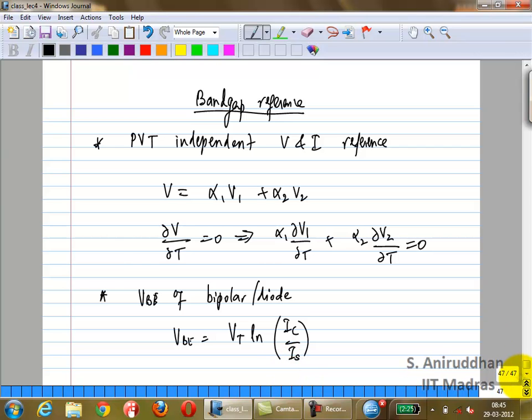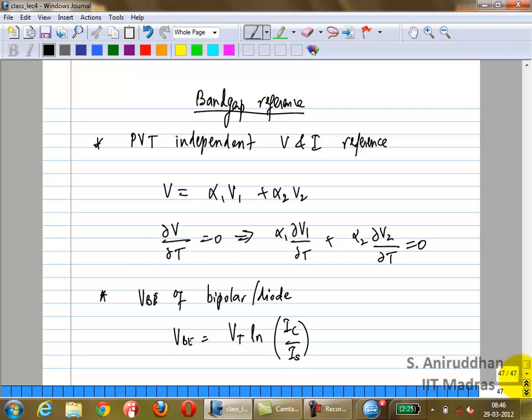Suppose you had to find ∂VBE/∂T. What is that? What is VT? kT/q, so that is the temperature dependence. What else?